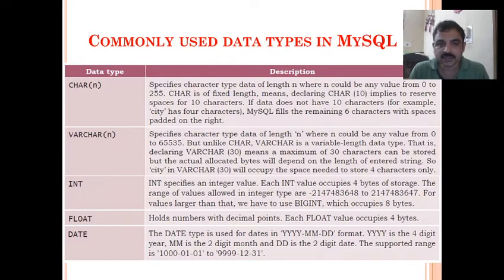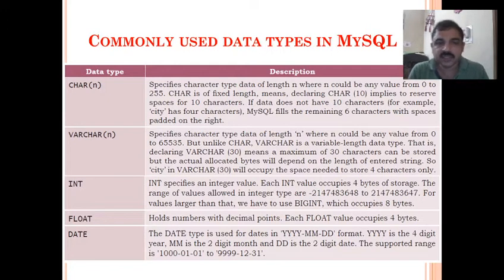Maximum of 30 characters can be stored, but actual allocated bytes will depend upon the length of the string. Means you declare with any size, so it can be varied depending upon the characters entered. It is only the maximum number we are specifying.